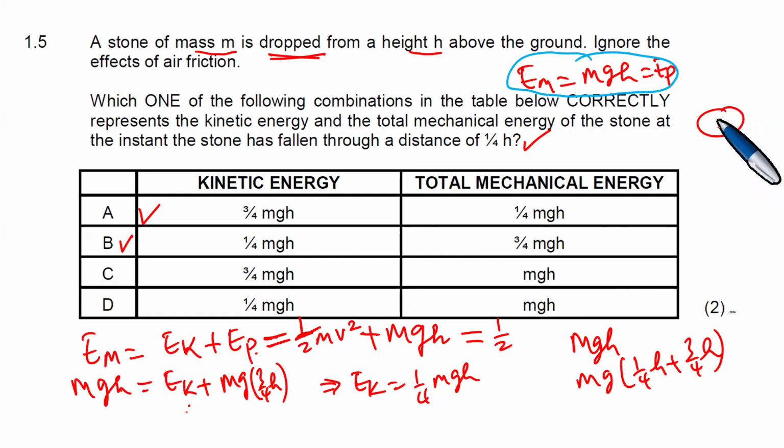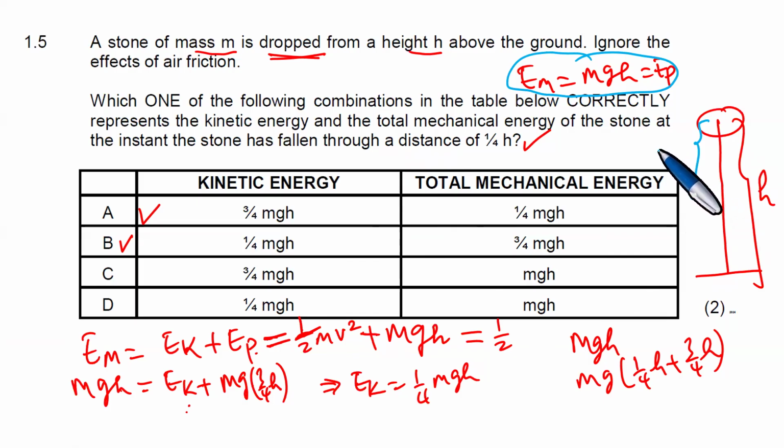Here comes the stone, and the stone has a height h above the ground. It falls down a quarter of h.